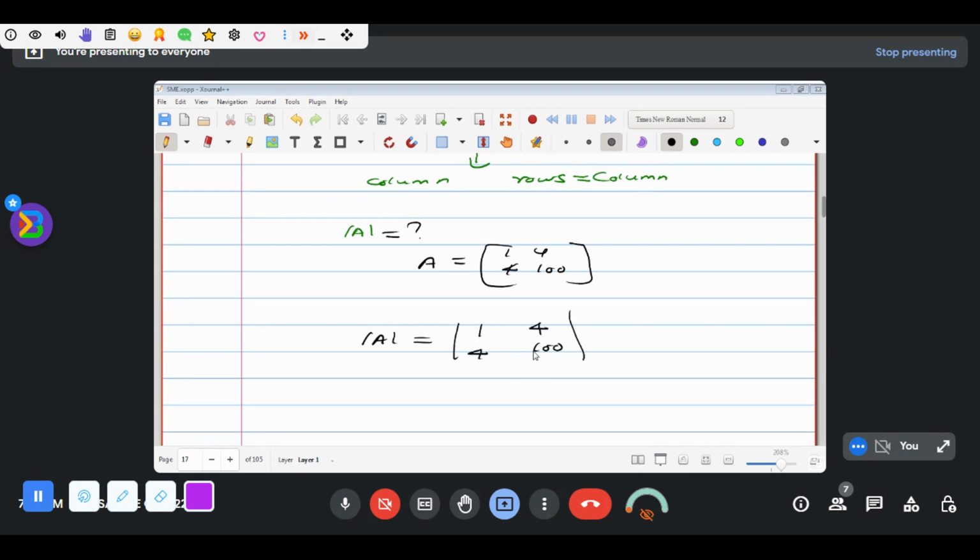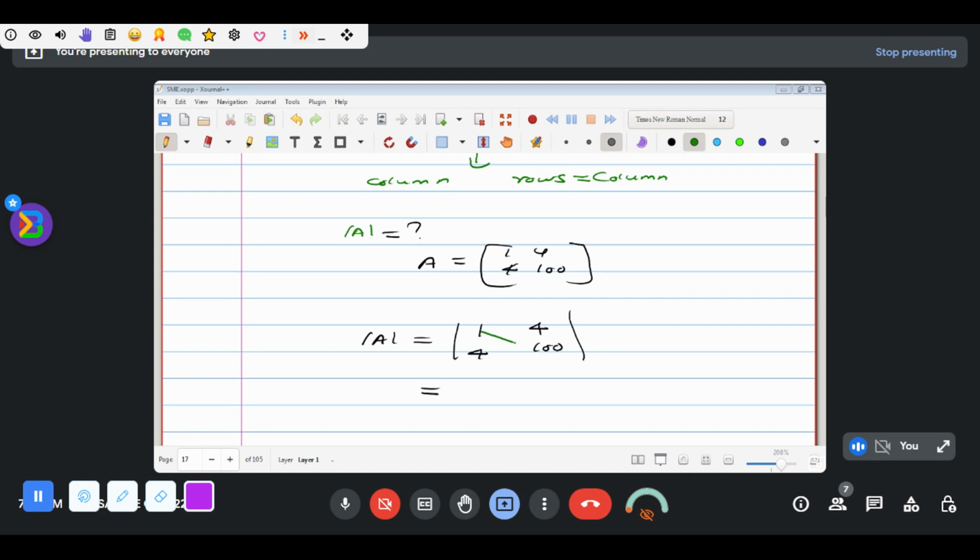This is a notation. Another notation is called modulus, but I am not using modulus here. In matrix theory, this notation is called a determinant only, not modulus. How to find the determinant? It's a very easy calculation.